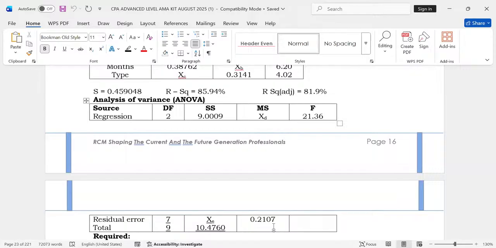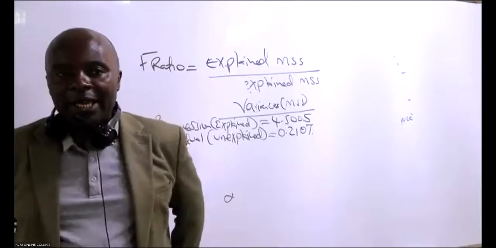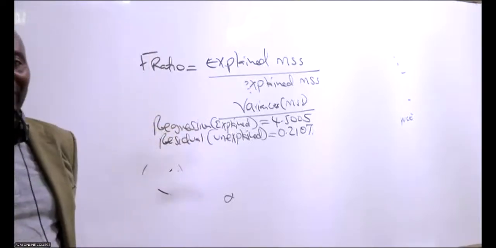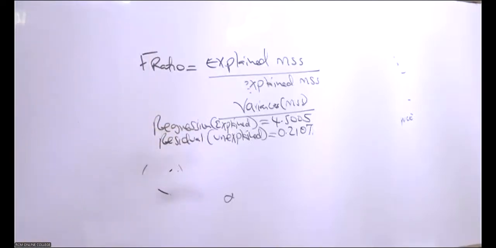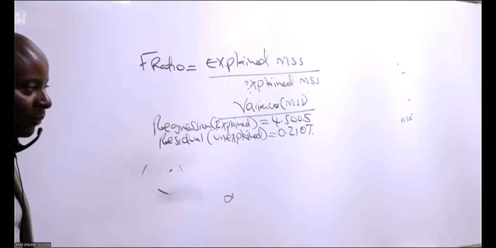Now, given these two that have been very well explained, is there someone who can give me the F ratio? I have already given you the formula and taken my time to explain what explained and unexplained variances are.